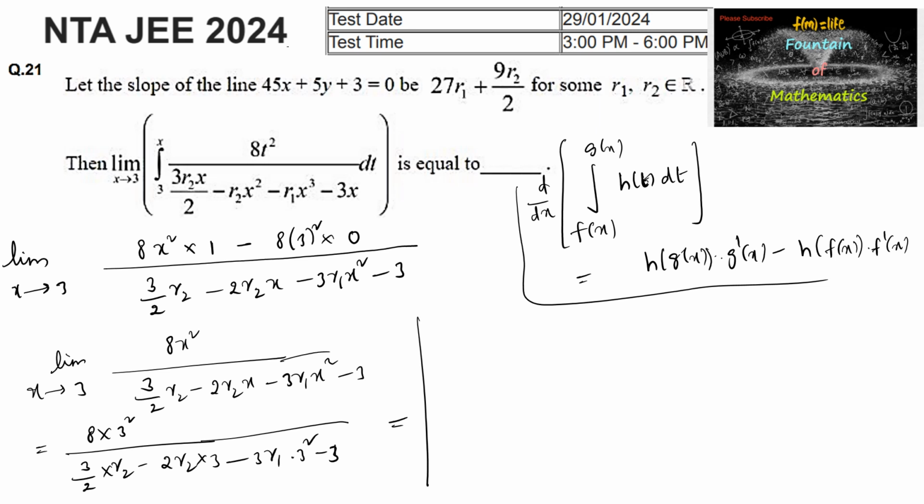which is equal to, we can write 8 into 9 divided by, here 3 by 2 times r2 minus 6 times r2, that is 3 minus 12, that is minus 9 by 2 times r2, minus 27, 3 3s are 9, 3 9s are 27 times r1, minus 3.